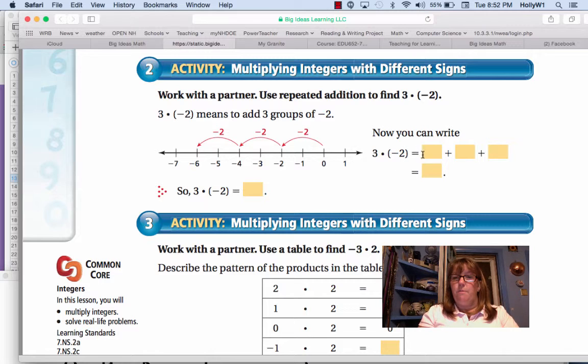And if you remember that from adding integers, Colin, put the laser pointer away. From adding integers, -2 plus -2 is -4, -4 plus -2 is -6. So if you multiply integers with different signs, so you have 3 groups of -2, you end up with a negative.